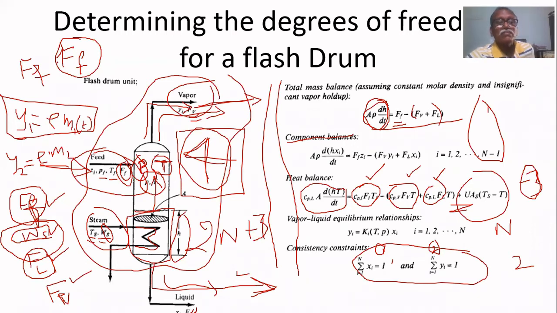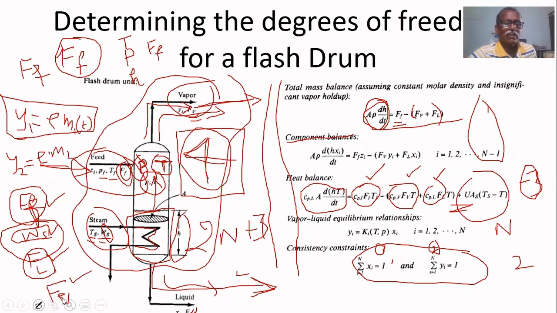Let us write the controlled variables here: F, T, P, and H. WS can be used to control all the four.